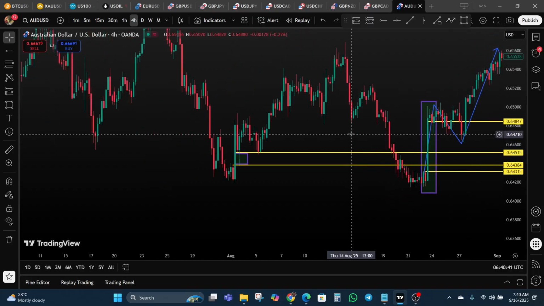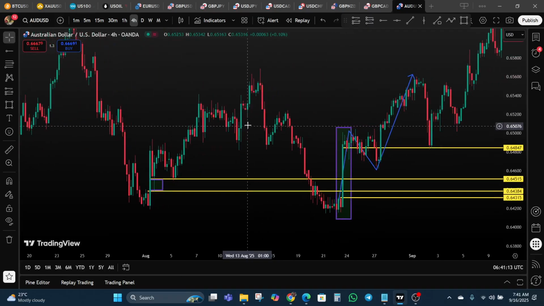Another key point is discipline. Just because you spot a balanced price range doesn't mean you jump in right away. You need confirmation. You wait for price to return to the zone and give you a clear reaction before making a decision. This keeps you from forcing trades and ensures that you are staying aligned with market structure.